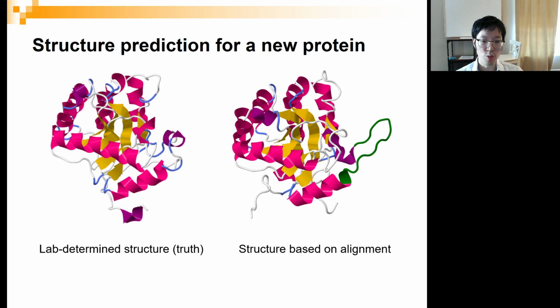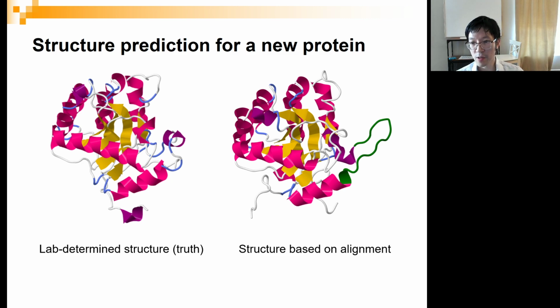Broadly speaking, you see these kinds of methods do a pretty good job. There's a remarkable structural similarity between the predicted one and the lab-determined one, which was released later.